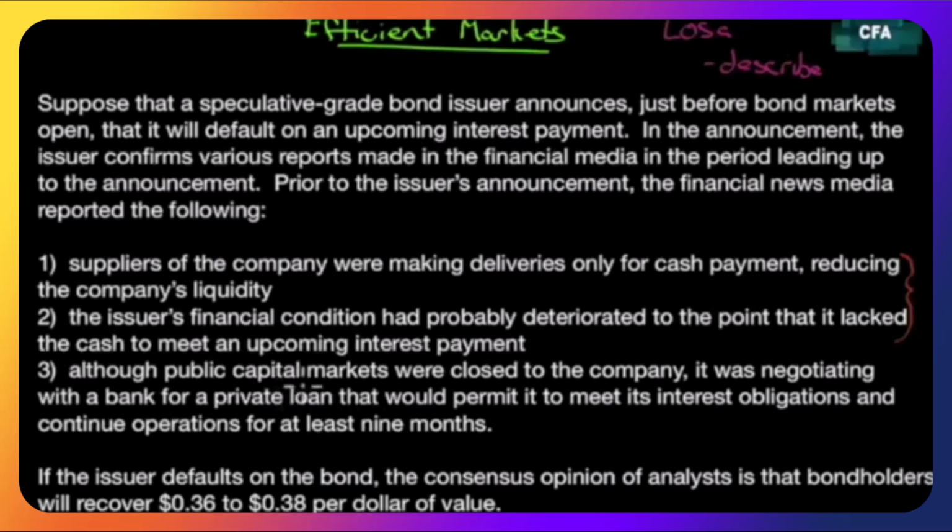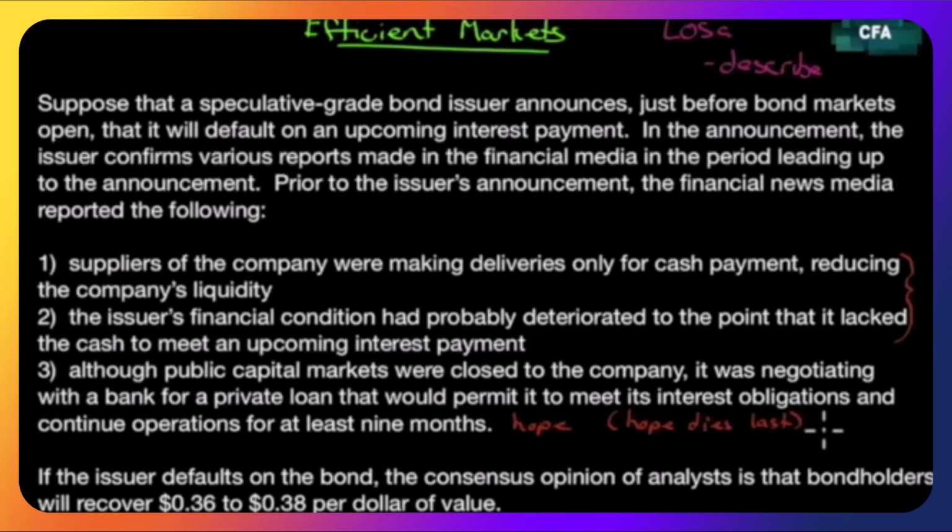Number 3, although public capital markets were closed to the company, it was negotiating with a bank for a private loan that would permit it to meet its interest obligations and continue operations for at least 9 months. There's the hope. And it is a truism in all of life: hope dies last.